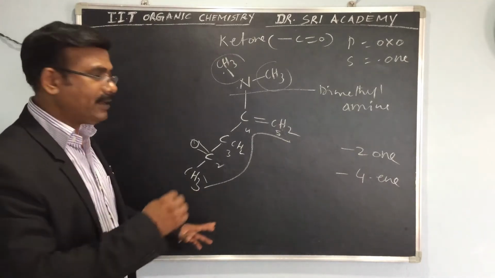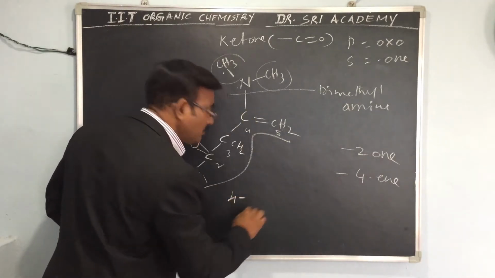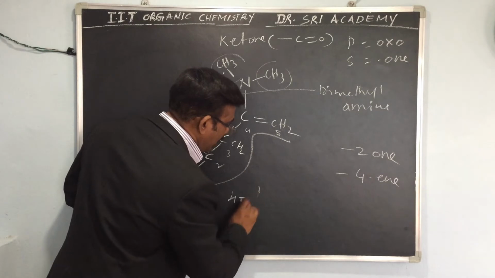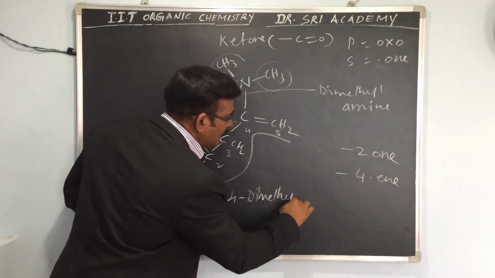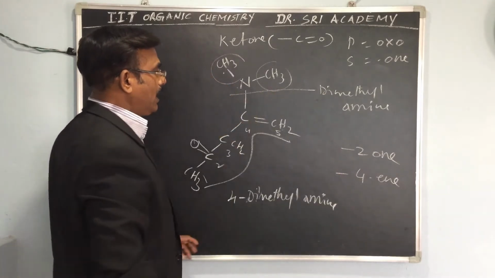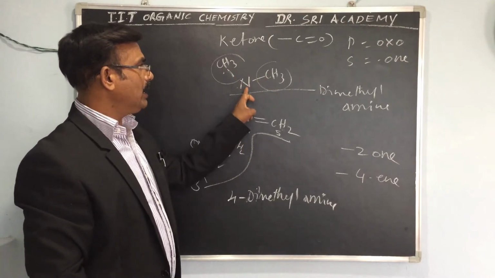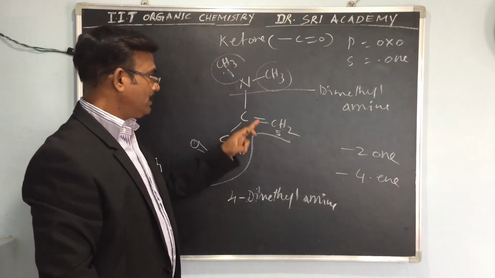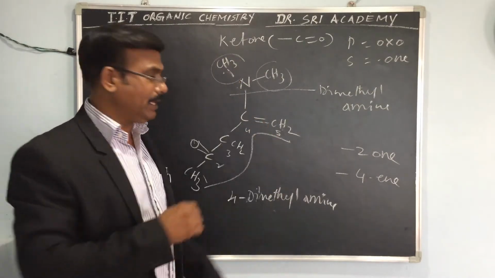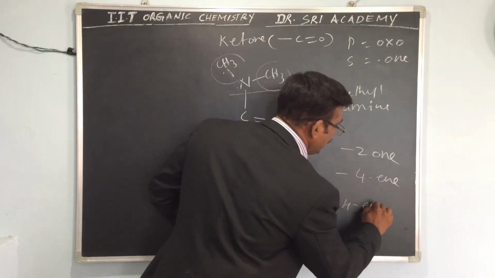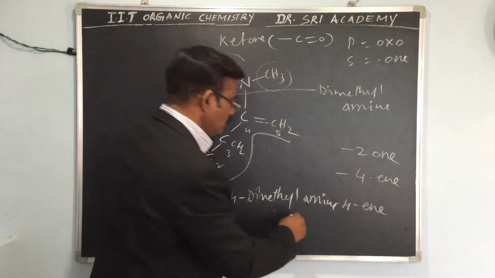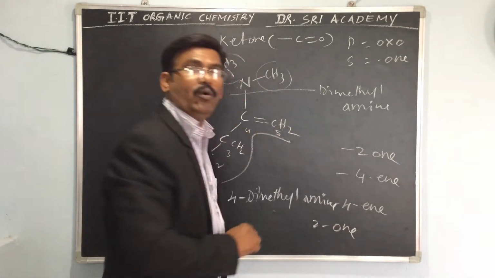See, we can write the fourth carbon, 4-dimethylamine. The dimethyl groups are 2, so dimethylamine. That is over. Next, 4-ene. Lastly, 2-one.